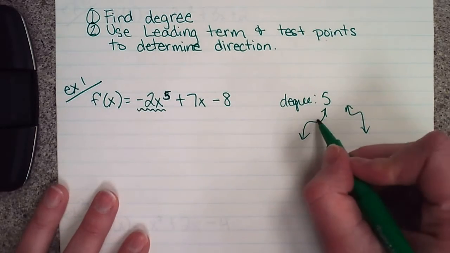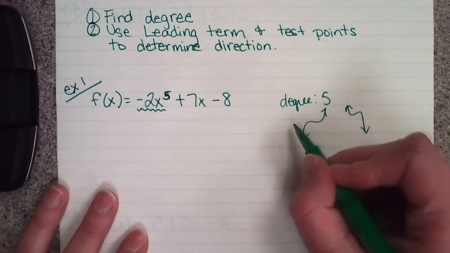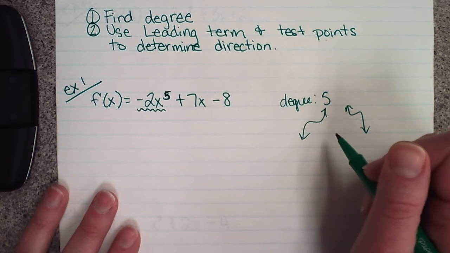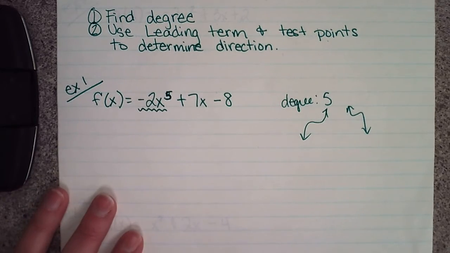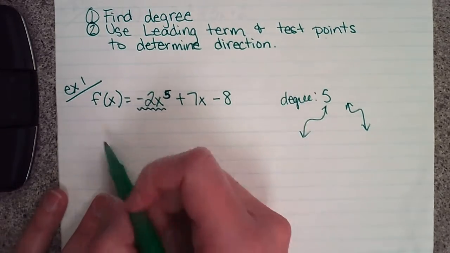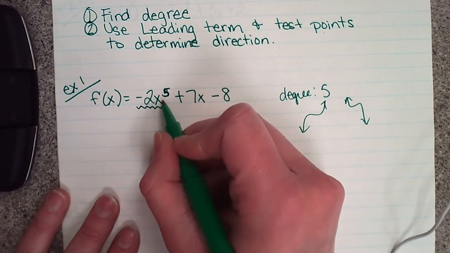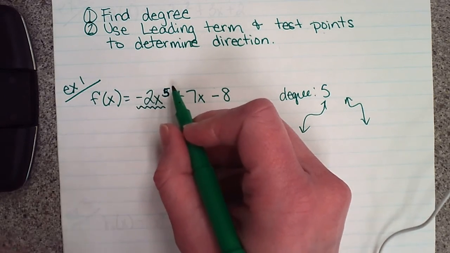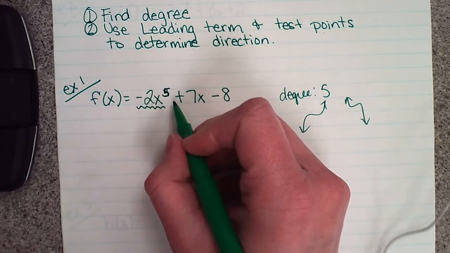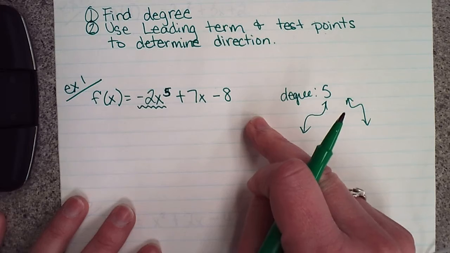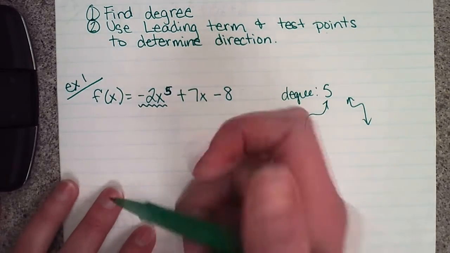Because remember, we have to describe the right movement, as the graph is growing or decreasing, and the left movement. I'm going to start out by plugging in positive 5. Again, I'm plugging in just to my leading term because the leading term holds the most magnitude. So whatever the leading term does, the rest of the polynomial is going to follow that example.